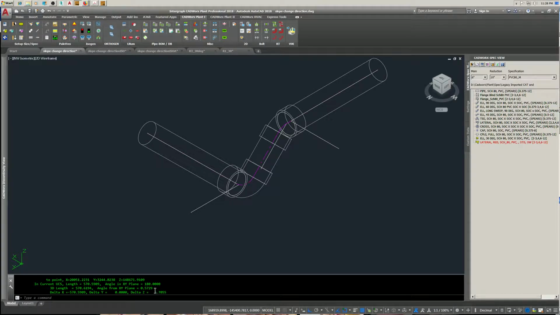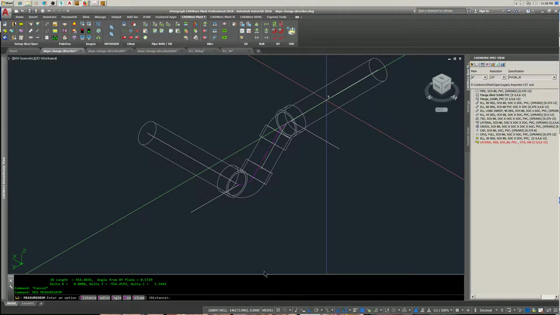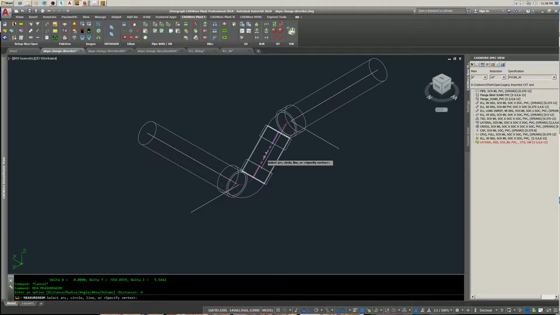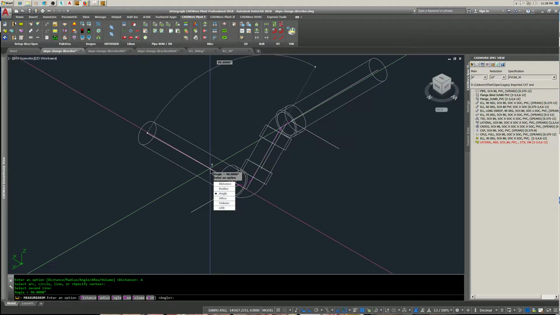It's 0.5729 from the XY plane, that's the slope, and this one gets 270, which means we've got 90 degrees between these two lines, and there again is our slope. And if we look at the angle here, we see we've got 90 degrees.